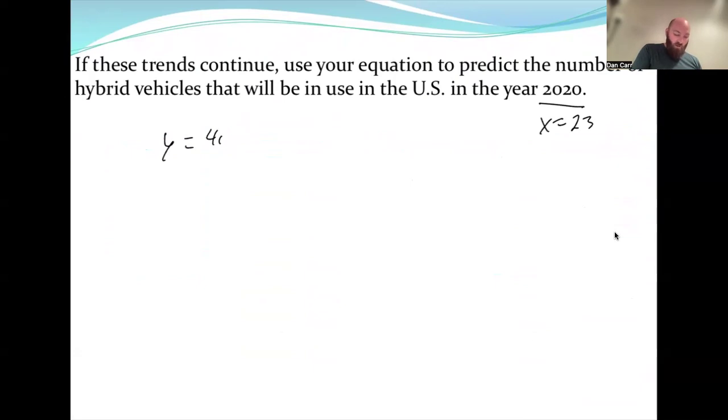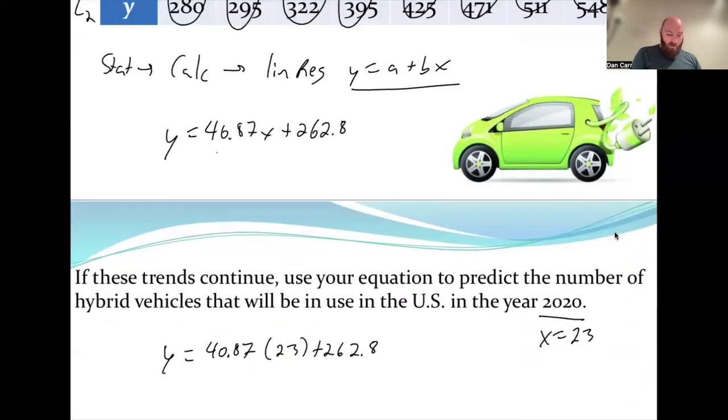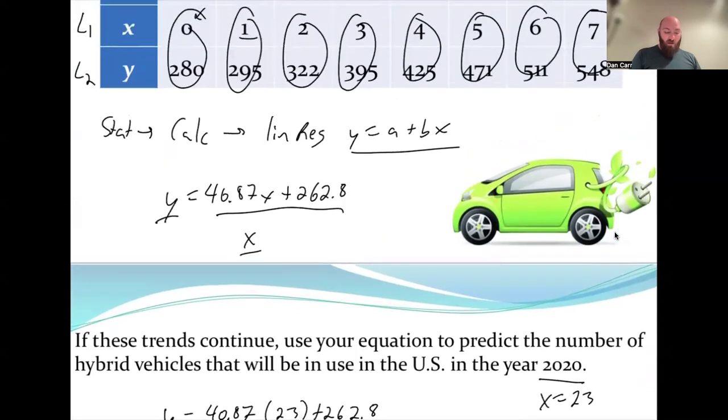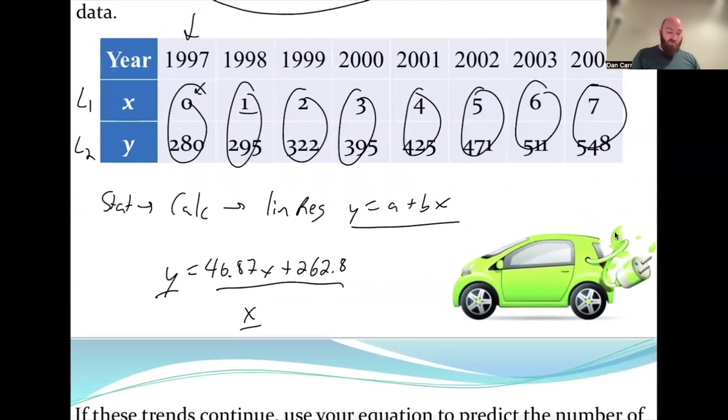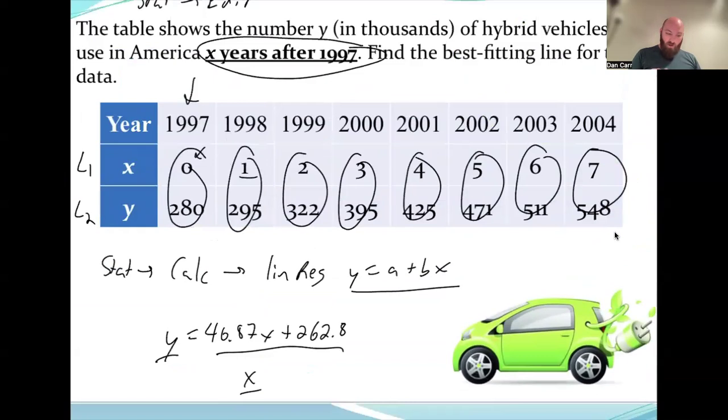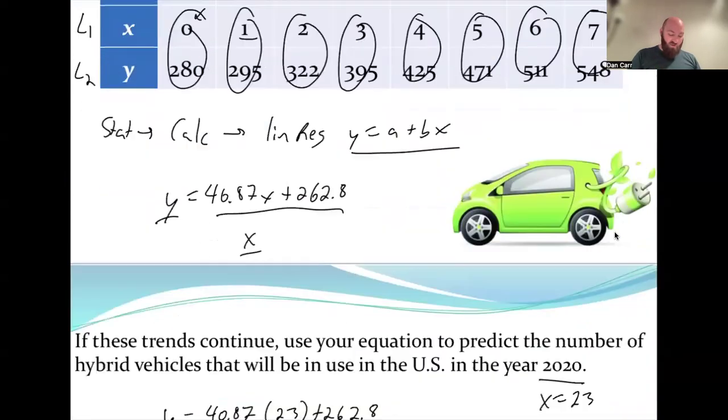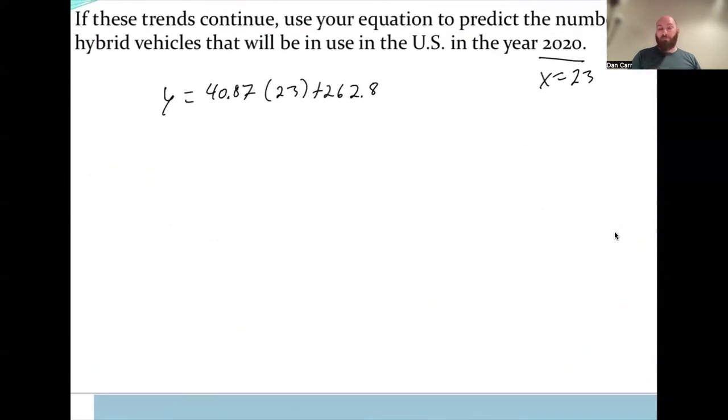Y is equal to 40.87 times 23 plus 262.8. Because remember, X is the number of years since 1997. And then Y is representing the number of vehicles. The number in thousands of hybrid vehicles in use in America.